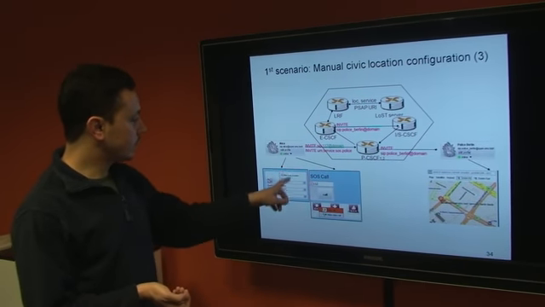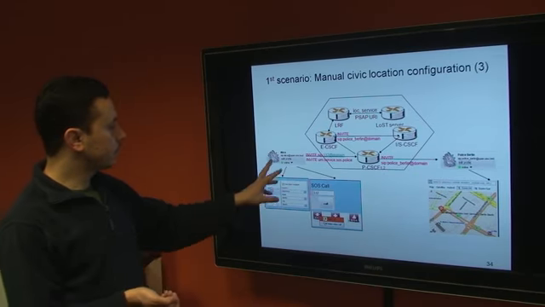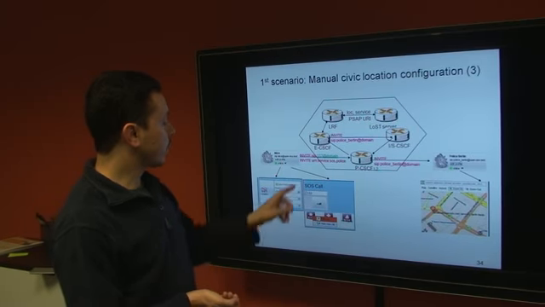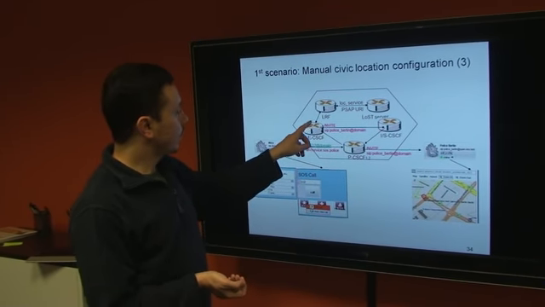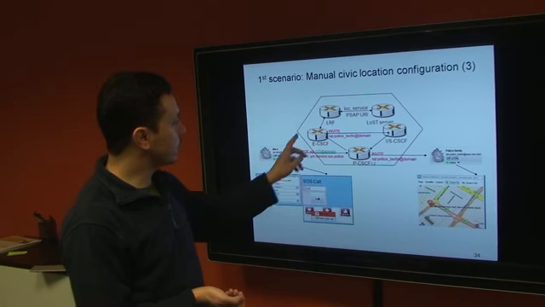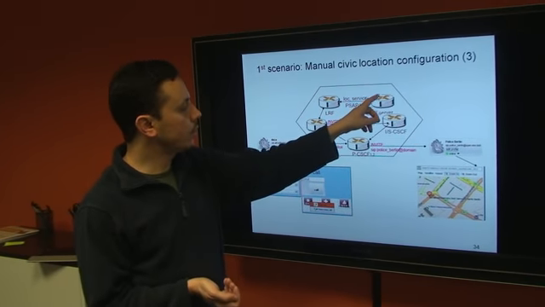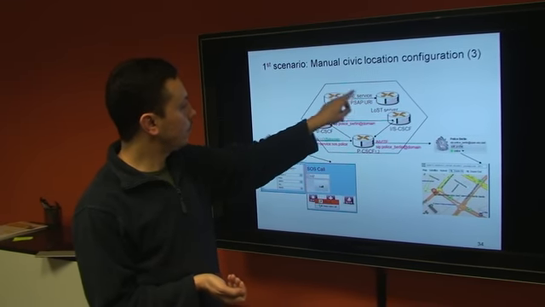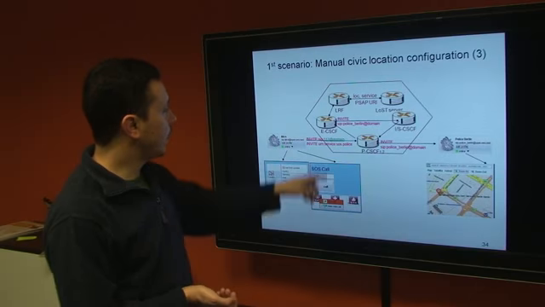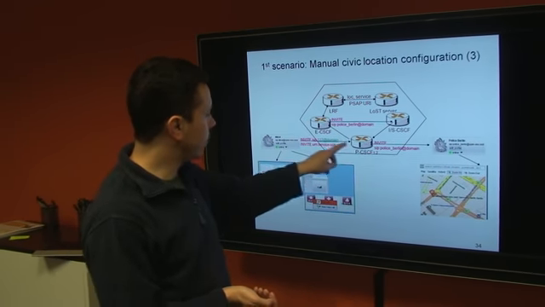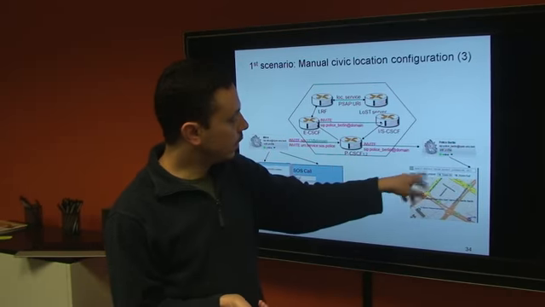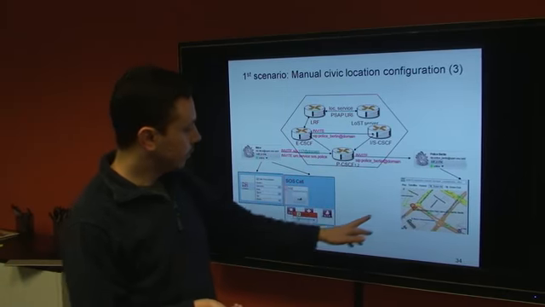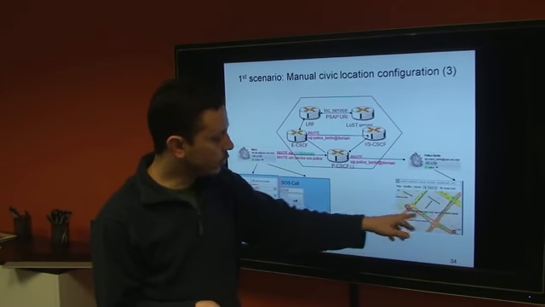Once this information is inserted and the call is placed, the call will be processed by the enhanced IMS core, in particular the ECSCF. Based on the location information, we retrieve the SIP URI of the PSAP through the LRF component, and then this call will be forwarded to the PSAP, in our case the police, and once this call is terminated, the location information of the caller is shown on the map.